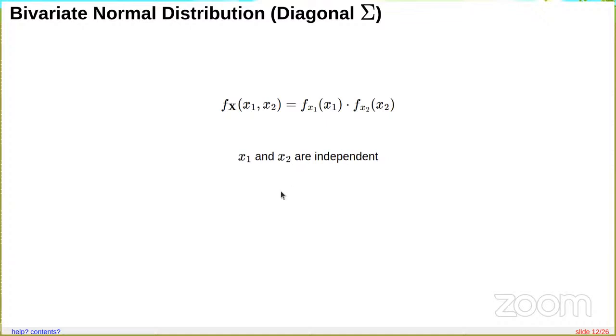So our area of focus will be a classification problem where the features are normally distributed and they are conditionally independent given a class. Is the setting clear?